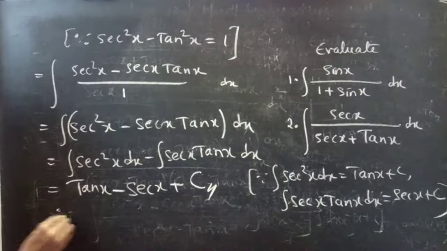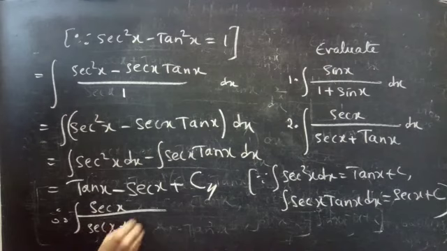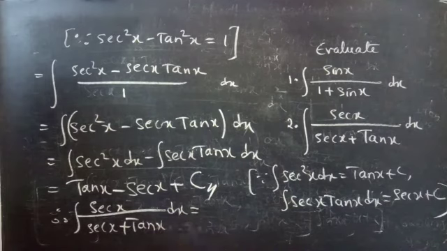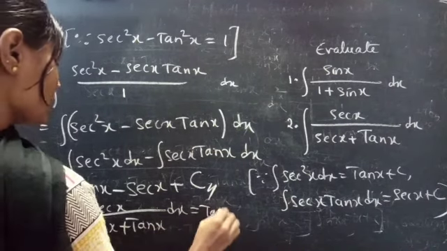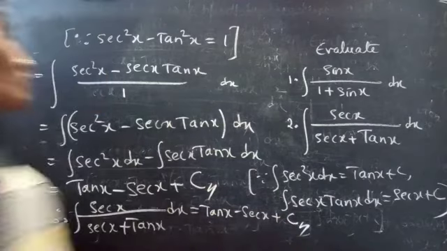Therefore, the integral of secant x by secant x plus tan x, dx equals tan x minus secant x plus the integral constant c.